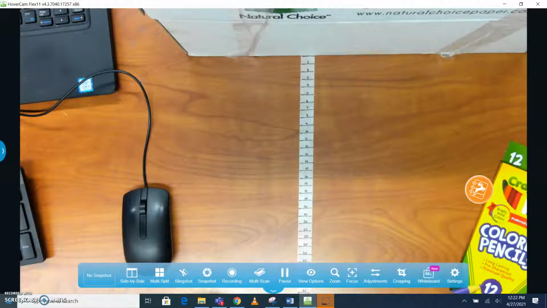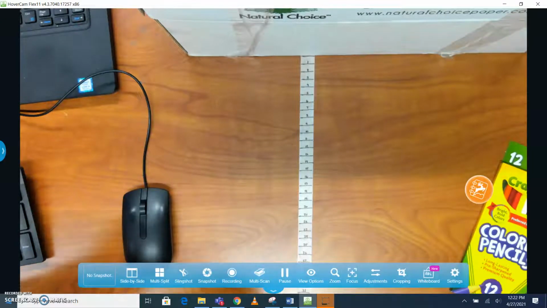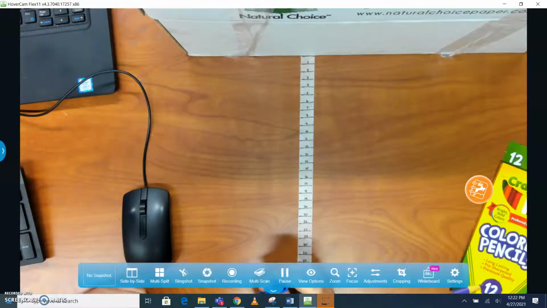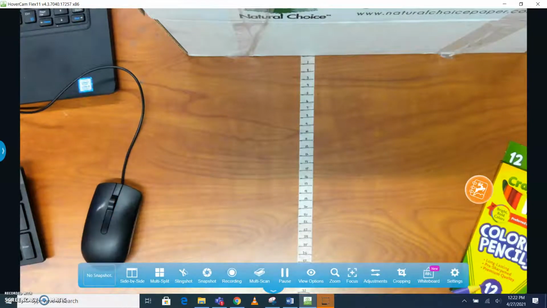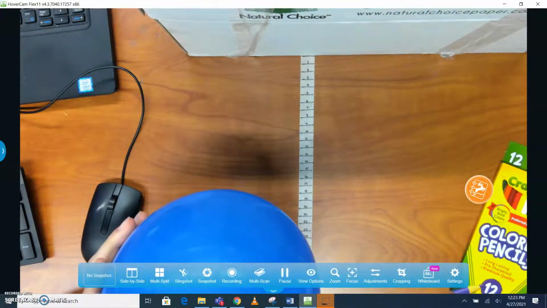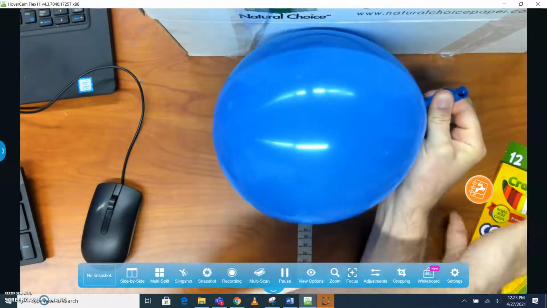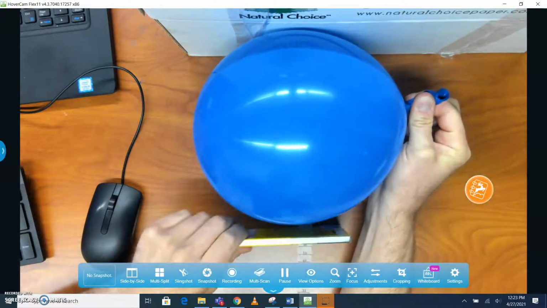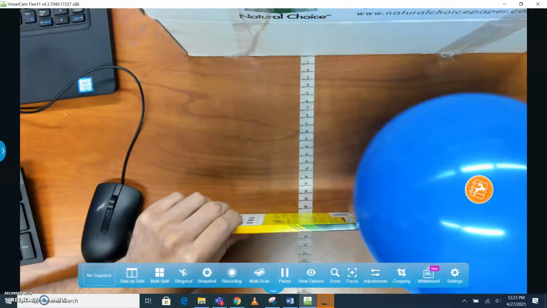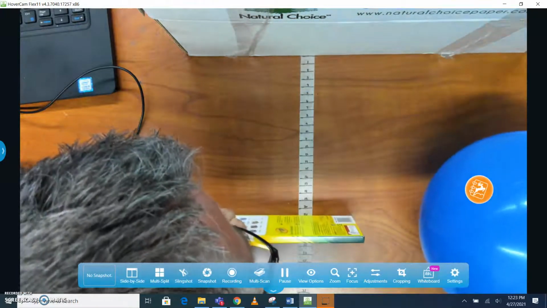The balloon is nice and stretched out here. Okay, can't get any more out. That takes a little bit out of you, I'll tell you what. So I can now measure, and I can see that that is right at about 21 centimeters.